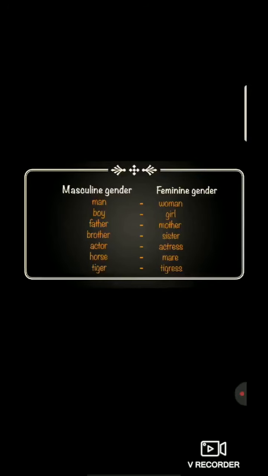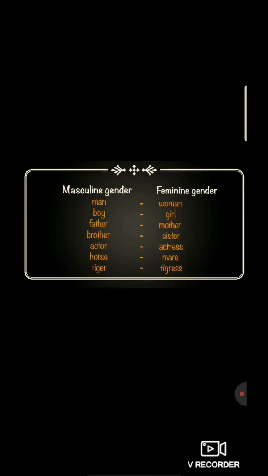So students, here are examples of masculine gender as well as feminine gender. In masculine gender, the first one it's man. So in feminine gender it will be woman. Second one, in masculine gender it is boy. So in feminine gender it will be girl. Masculine gender, it is father.